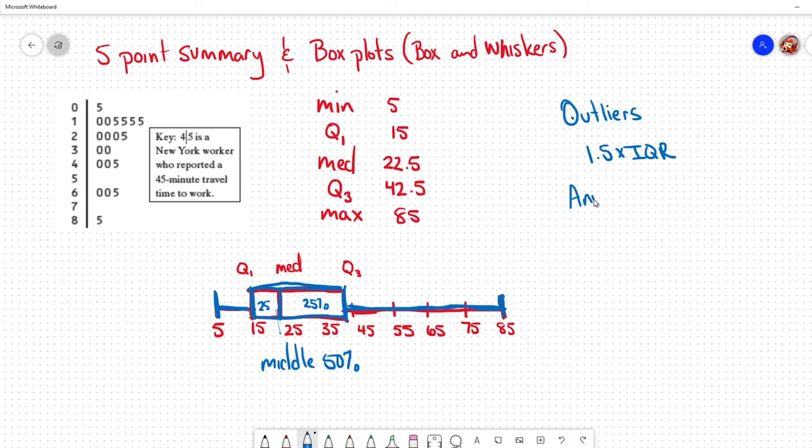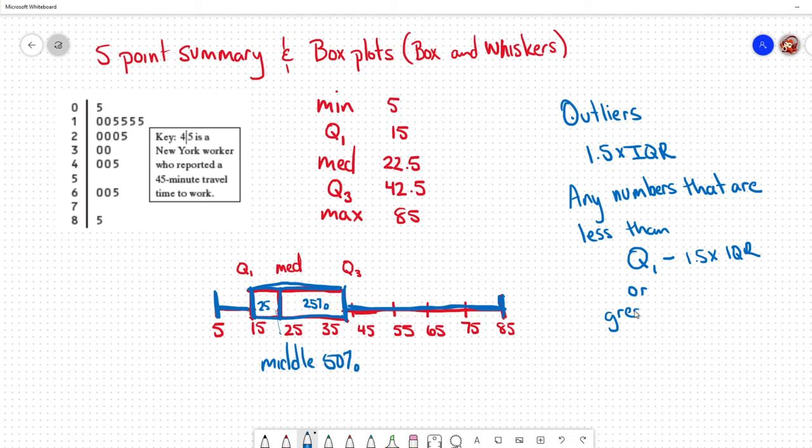So any numbers that are less than Q1 minus 1.5 times the IQR, or greater than Q3 plus 1.5 times the interquartile range, would be labeled an outlier.